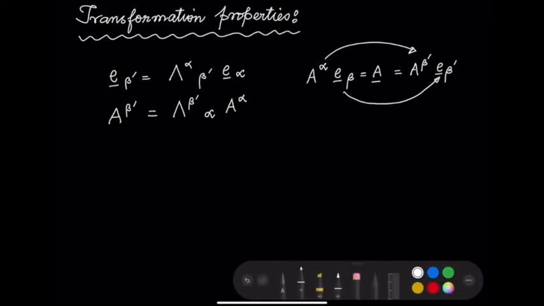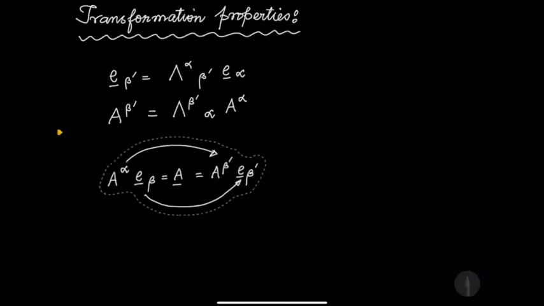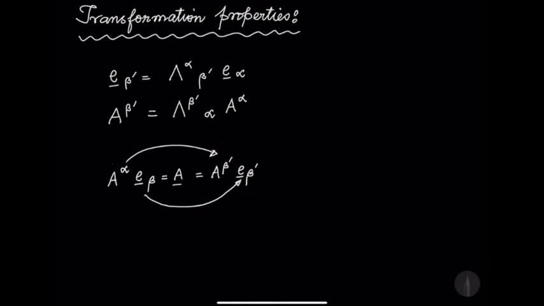That is all right. So let me keep this part here. Let us look at what happens to the covectors, or rather I should say one forms.